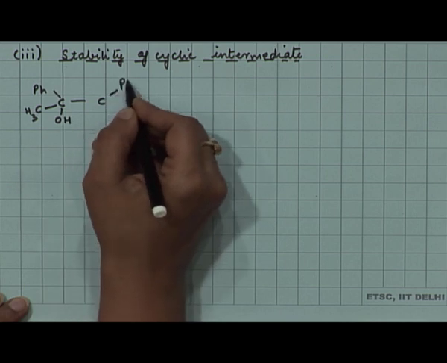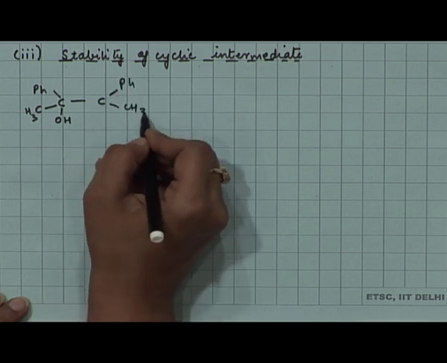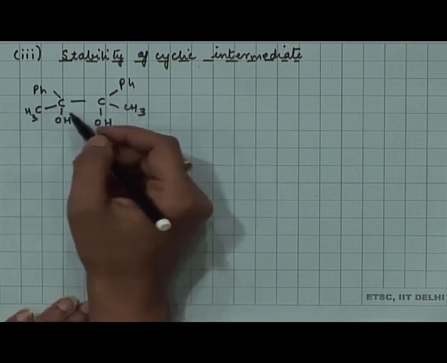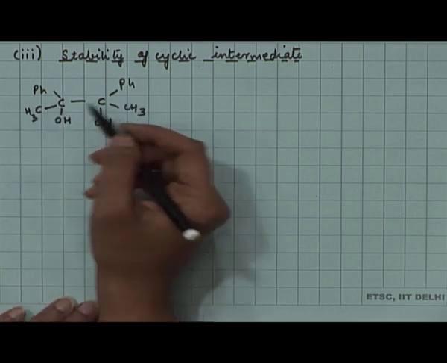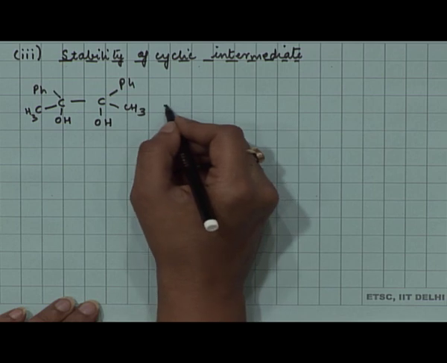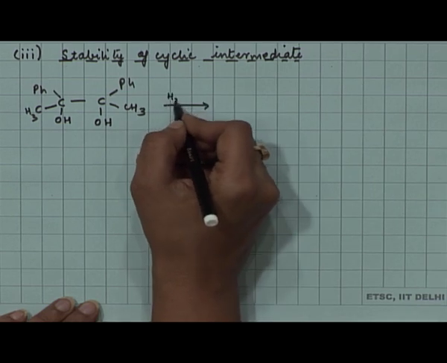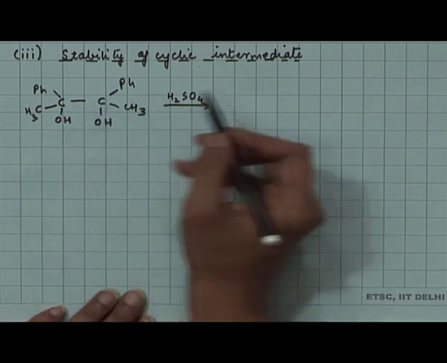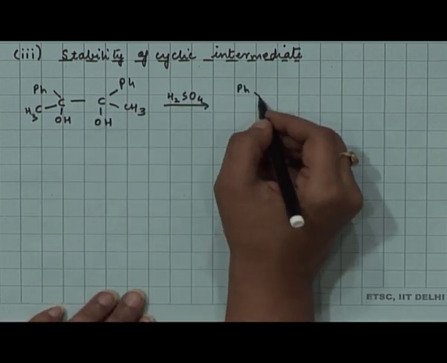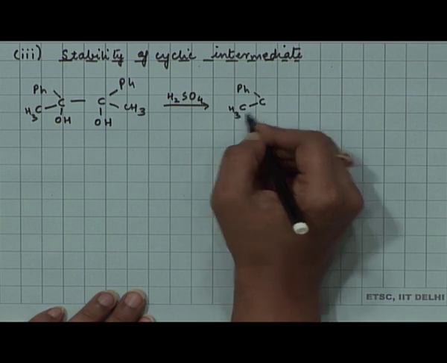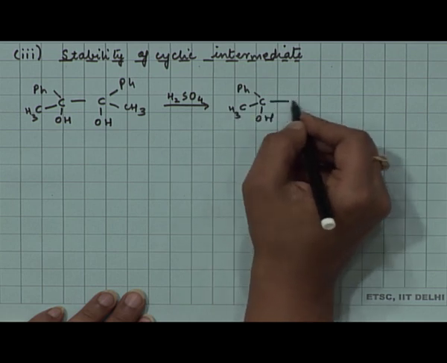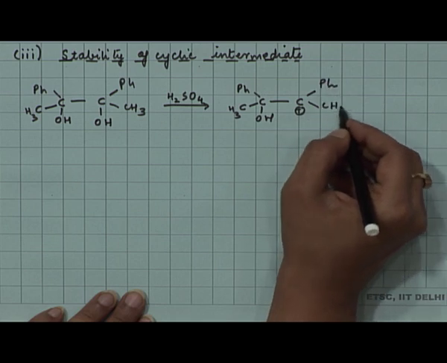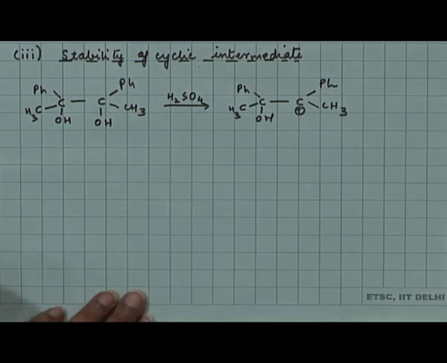For this pinacol, in which both sides can form a carbocation, there is no question of any difference between the two carbons. If either carbon forms a carbocation, it is going to be an identical carbocation. So, we are done away with that first thing.